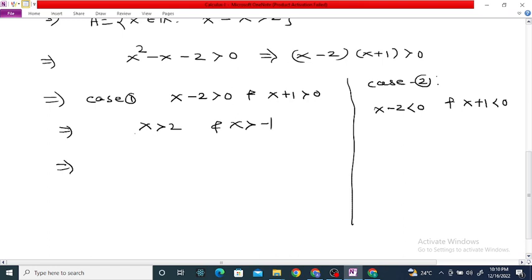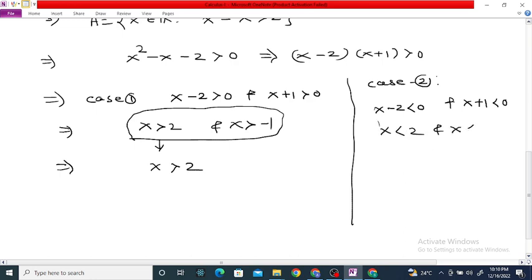Now the solution of x > 2 and x > −1: if x is greater than 2, then x is obviously greater than −1, so x > 2. And for x < 2 and x < −1: if x < −1, then obviously x < 2, so the solution is x < −1.